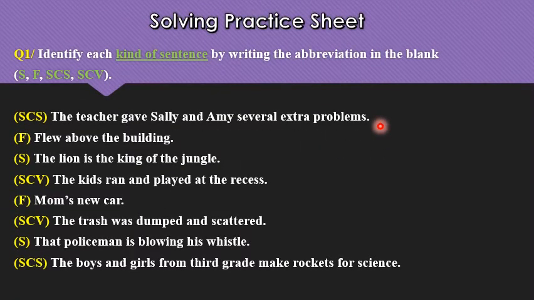All right, after I finished everything about reference 30, the compound sentence, now we have solving practice sheet. But before we do that, God willing, for the upcoming lesson, I'm going to explain reference 31, which will be ways to correct the compound sentences.